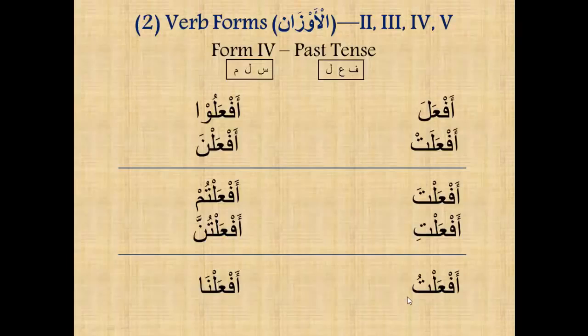Form 4, past tense conjugation, using the root letters sin, lam, and mim. We have aslama.